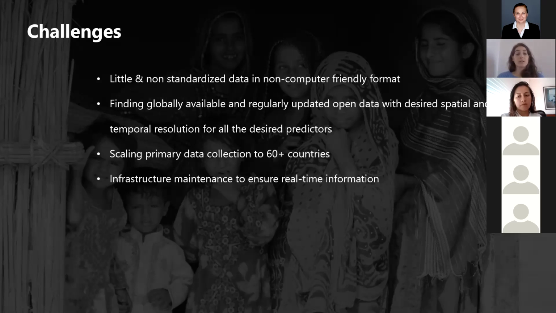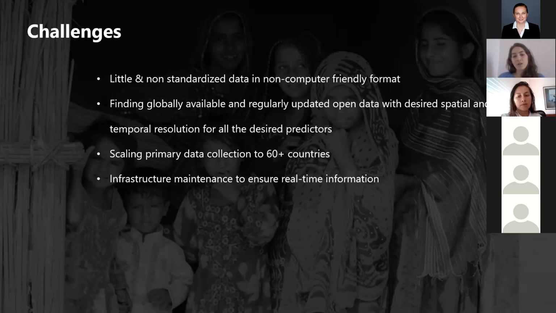Then also the other challenge was to find covariates, like the input variables, to find data sources that would have a global coverage, and also that is regularly updated, that has a good time resolution, etc. So it's not only about finding data, but making sure also this data is actually provided in time, so that our system, like the HungerMap, every night queries all the different APIs and DBs that we are looking for, but our model doesn't work if there's no new data coming in.